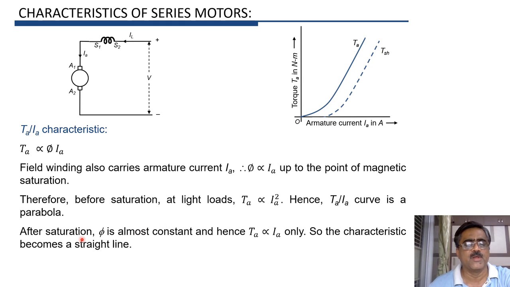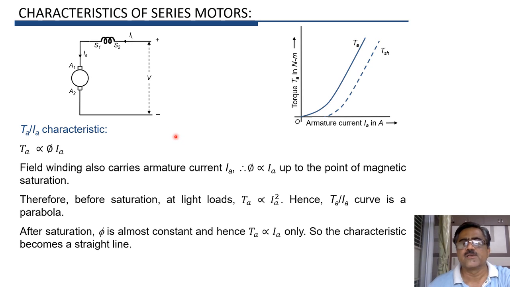So if phi is constant, TA is only proportional to Ia, which means the characteristic is a straight line. So after saturation, the characteristic curve is a straight line, and before that it is a parabola.